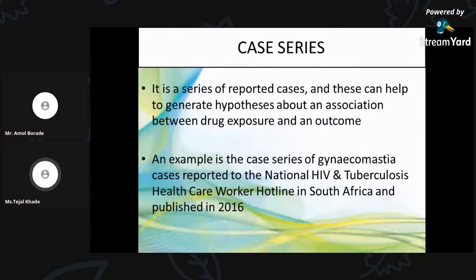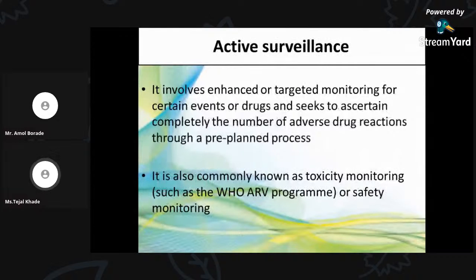So all the reports related to gynecomastia are collected. So it is called a series of reported cases. Overall, passive surveillance is unsolicited reporting, either in the form of individual case safety reports or in the form of a case series.